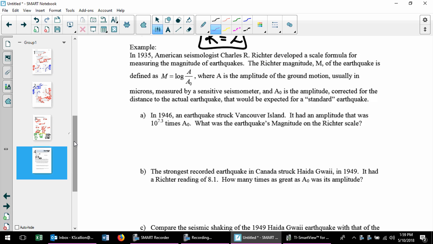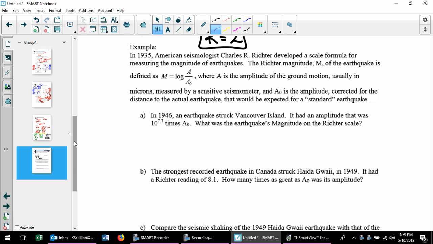Okay, so Richter scale magnitudes, the shaky of the earth is measured on a scale. A initial is the amplitude for a standard earthquake. So they have an initial value. They're not telling you what it is. They're just saying A subscript 0 is the shaky measurement of a standard earthquake.